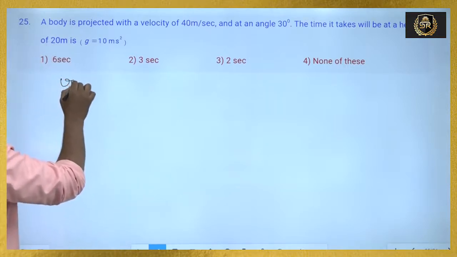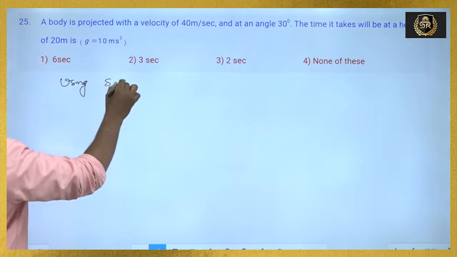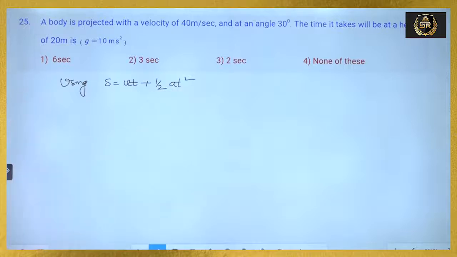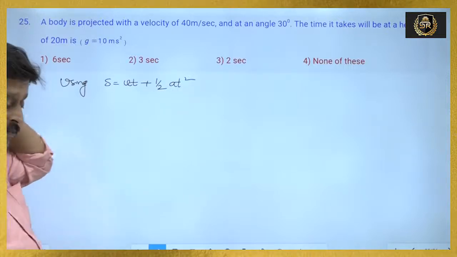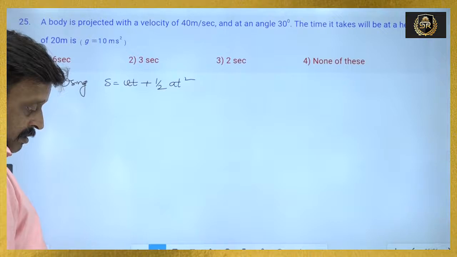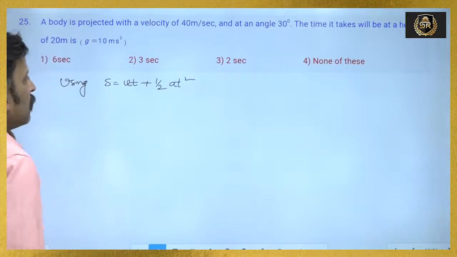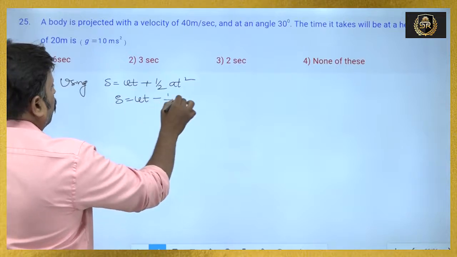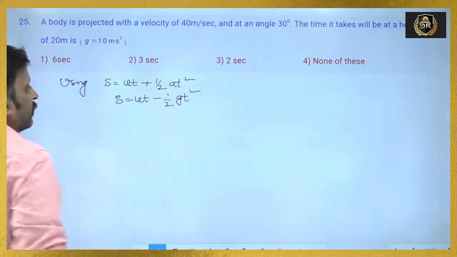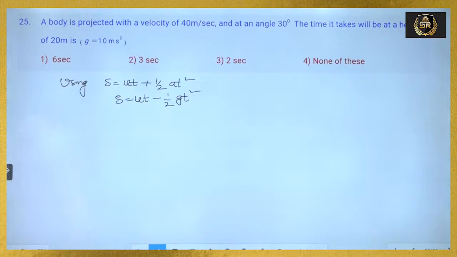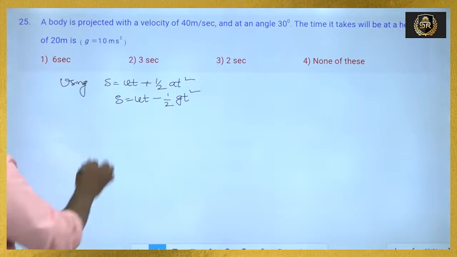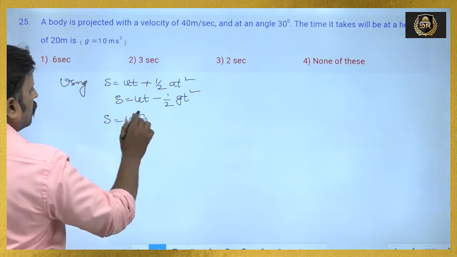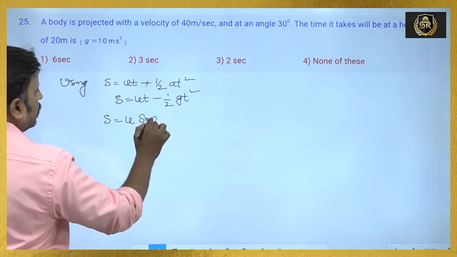using S is equal to ut plus half at square. Okay. This equation, in case of a vertically projected body, I can write S is equal to ut minus half gt square. In case of a projectile, what can I write? S is equal to u sin theta into t.